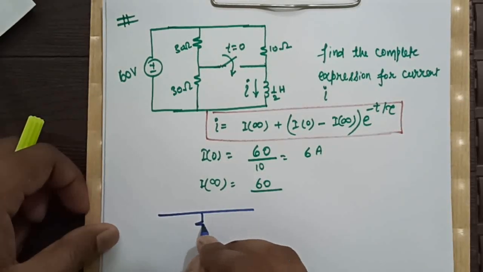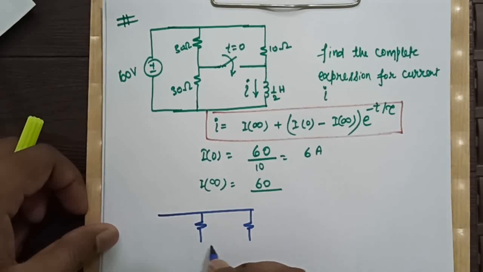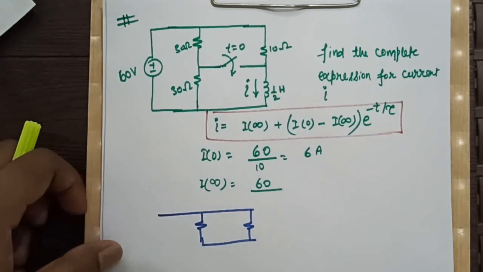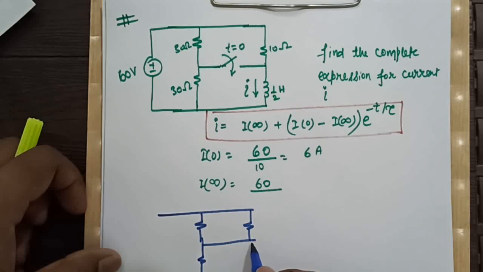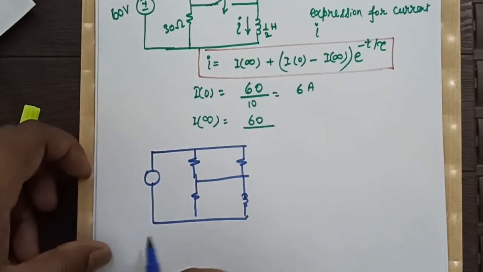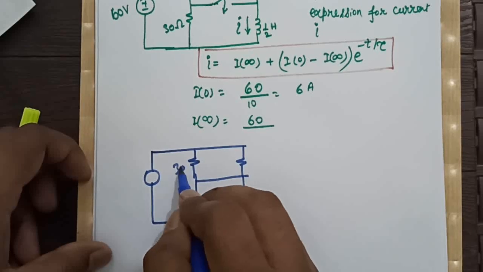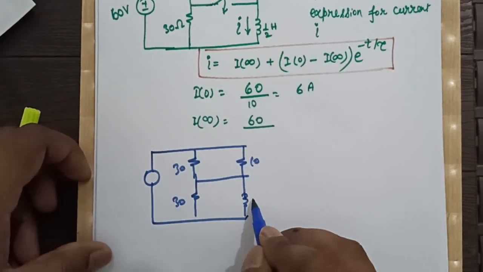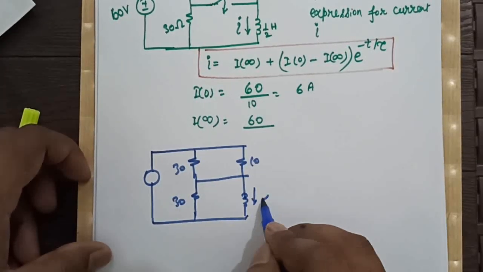It will look like this: these two will get shorted, and the inductor, isn't it? And this is the voltage source, 30, 10. This is the I infinity.